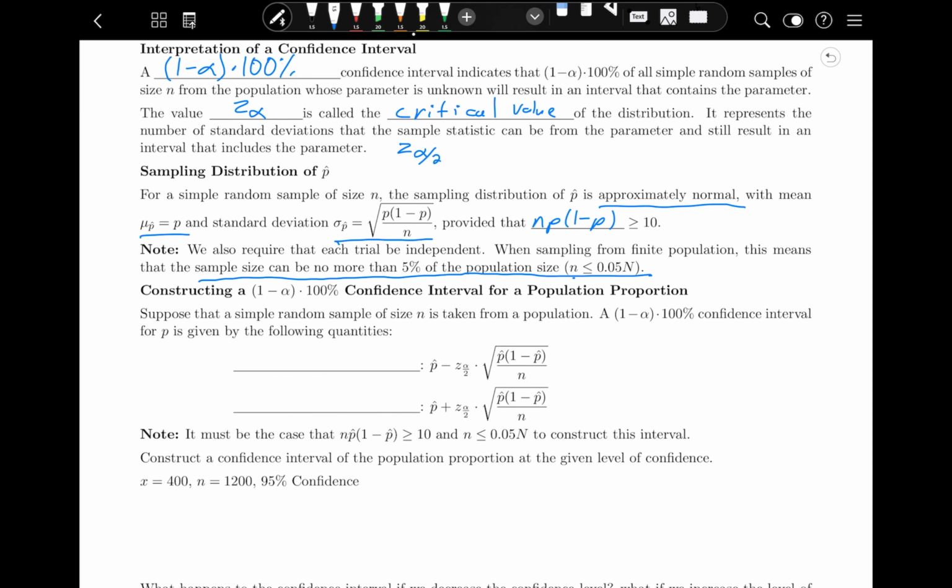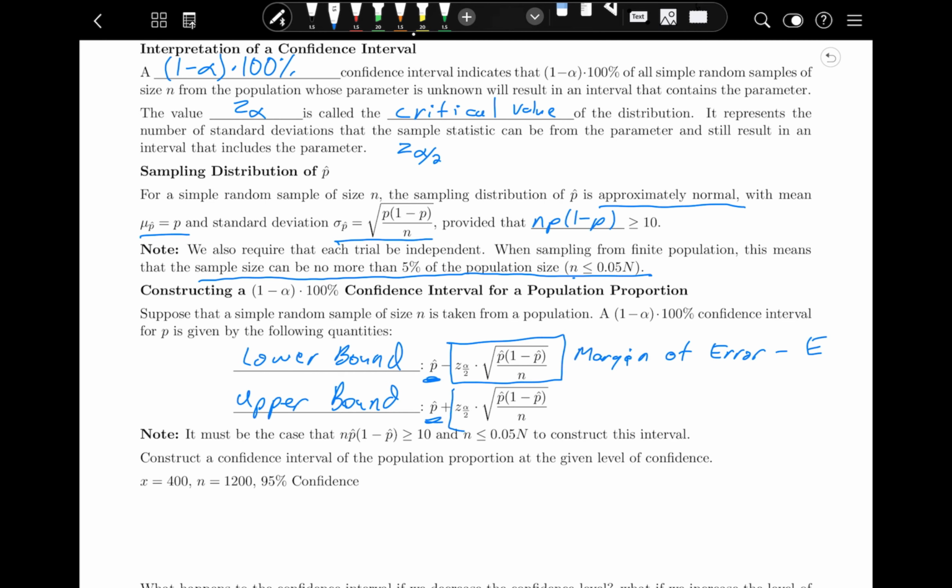But in general, the idea is you have a lower bound and an upper bound. And the lower bound is equal to the point estimate minus the margin of error. Okay, this is the margin of error, which can be noted E. And same idea here, point estimate plus the margin of error.